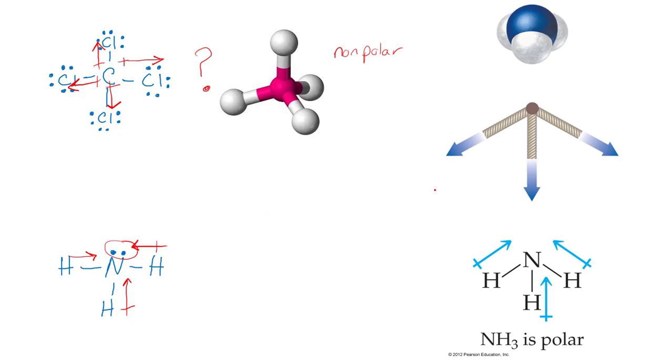And so if you look at all of these arrows, you orient it like it would be in space. This molecule is trigonal pyramidal, which means it's not all on the same plane. These hydrogens are not equally and oppositely pulling. It's not like you have three all within a plane and they're all equally and oppositely pulling. That's not true. It's a pyramid where everything is pulling outward, or in this case, really pulling up toward this free electron pair, and then the electron pair is even pulling out.